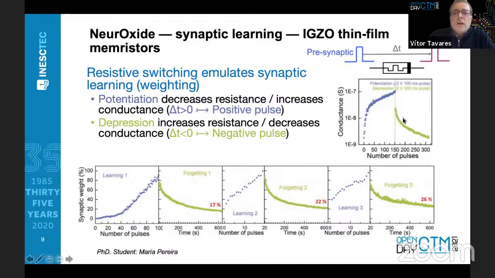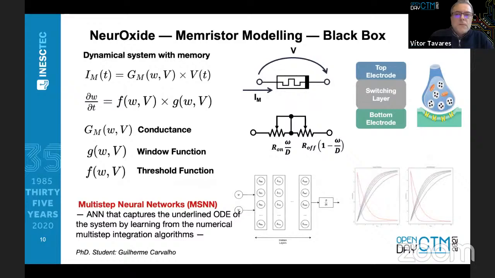So this is kind of a learning procedure that will depend on the density of pulses applied to the device, okay? And I'm not going into much detail here because we don't have much time, but it's the short and long-term memory capabilities of these devices that make them very interesting for spiking neural nets.